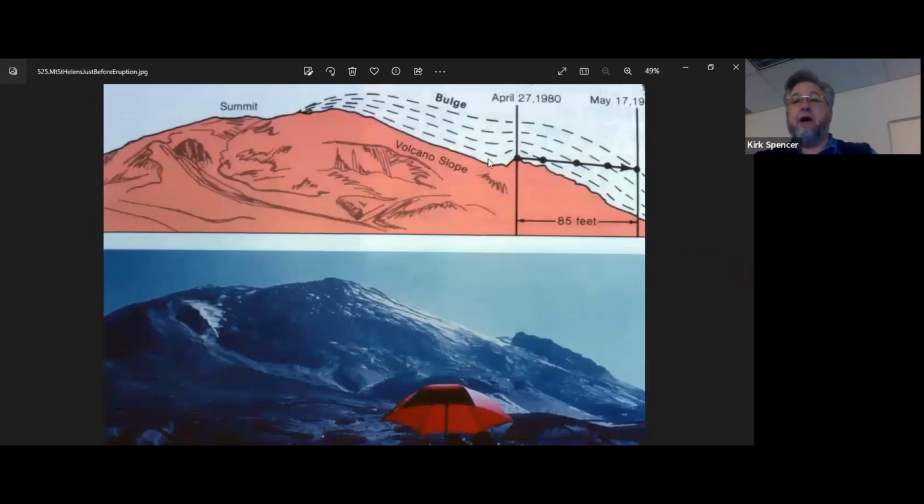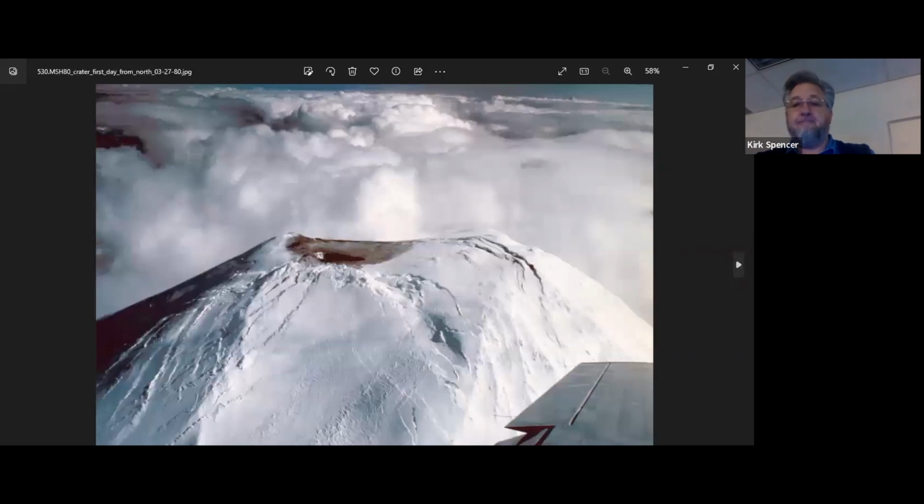Anyway, it just shows how rapidly the northern flank is growing. You could even see the fractures forming in the summit along the snow caps, and also the snow was beginning to melt.